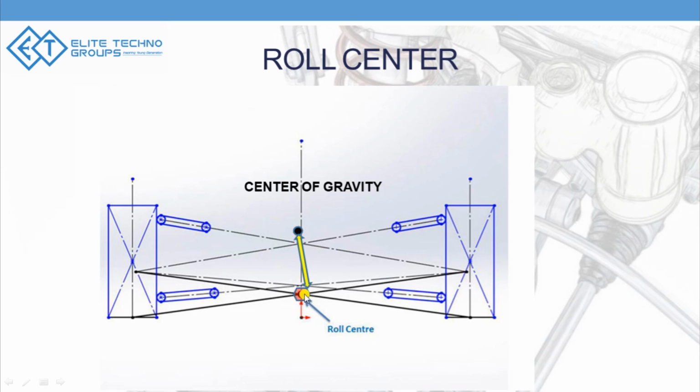And now if you think about it, when you're cornering, as we established in our previous video, there is a weight transfer from the inner wheel to the outer wheel, right? So this CG will now be moving along this distance.